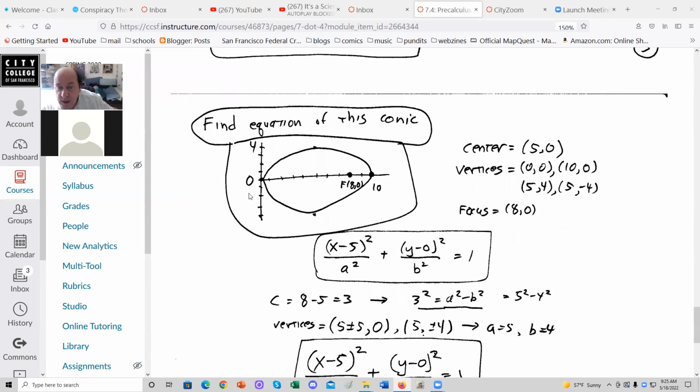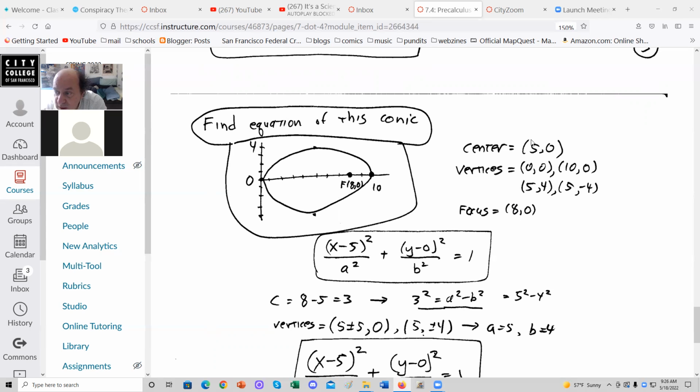An ellipse. Here, well, major axis vertices at 0 by 0 and 10 by 0 and a focus at 8 by 0. Now the center is the average of these 2 points, here at 5 by 0. Vertices, 0 by 0, 10 by 0. They mentioned a 4 here to here, so plus or minus 5 by plus or minus 4, and focus is at 8 by 0.